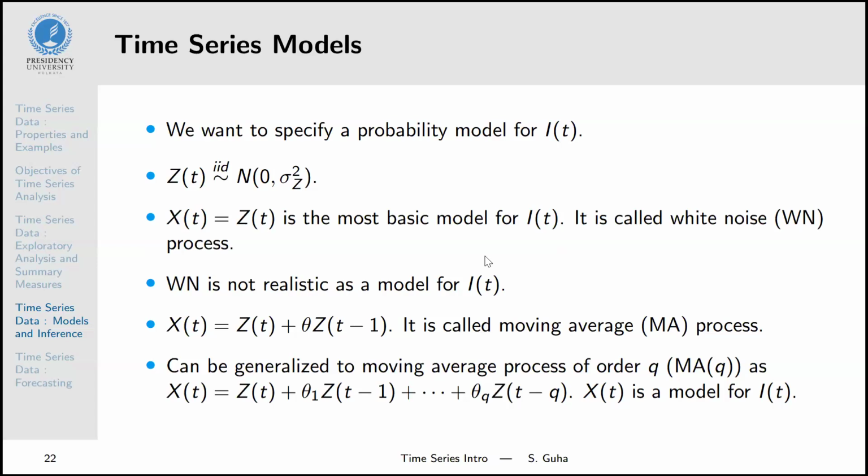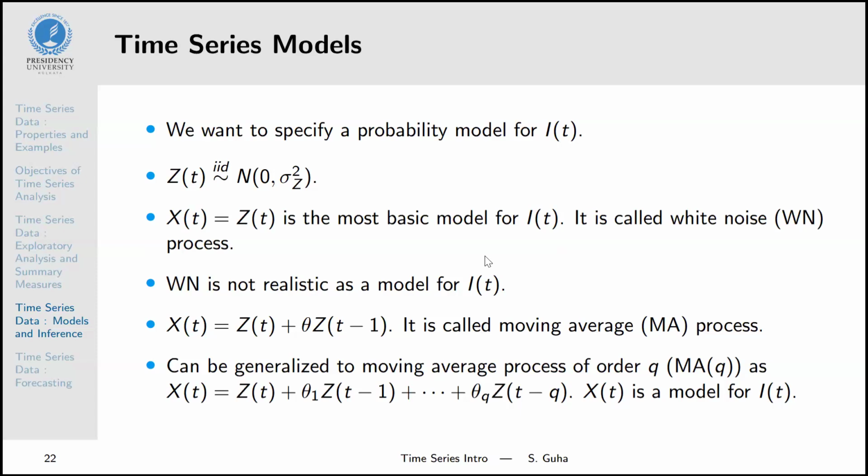Okay. Now, we are taking the combination of Zt and the Zt that was observed on the previous day. What is this theta? This theta is some number. I may take theta to be 0.5, or I may take theta equal to 1. That means I'm taking the combination and giving equal weightage to Zt, today's error, and yesterday's error.